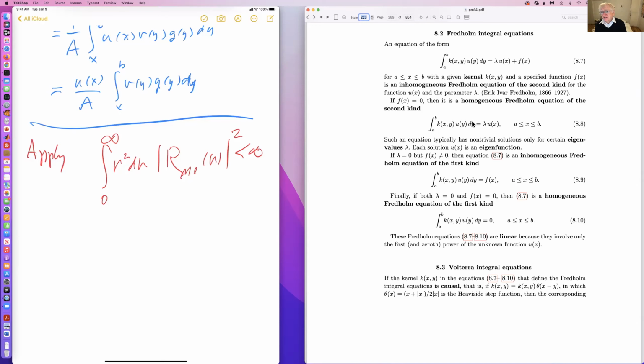And in particular, for linear differential equations, they re-express the differential equation in a form that is suitable for the techniques of linear algebra.